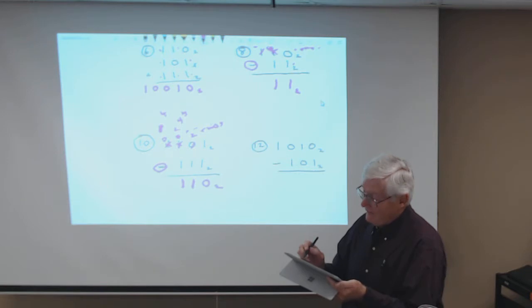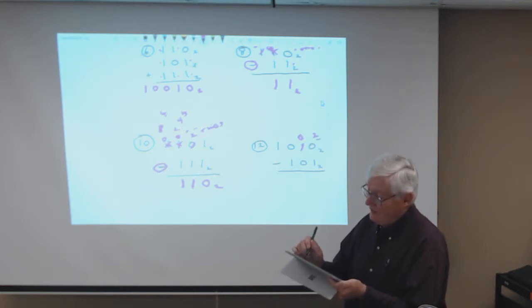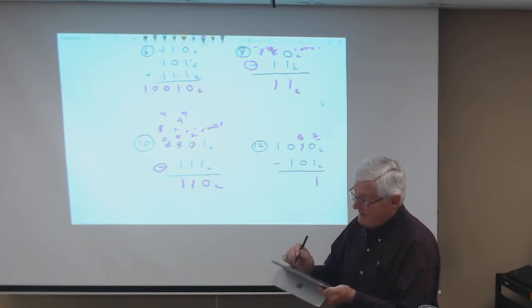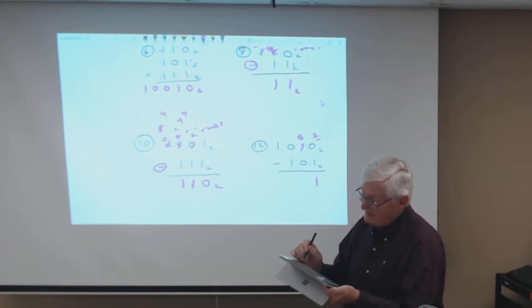Let's try number 12. What's 0 minus 1? I can't do that. So this becomes 0, and this becomes 2. 2 of this place. 2 1s. And 2 1s minus 1 1 leaves what? Then here's 0. So watch this.